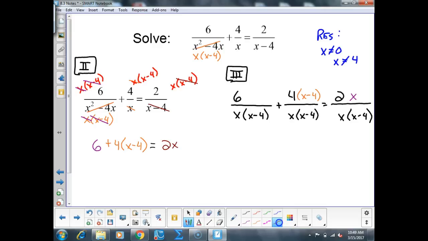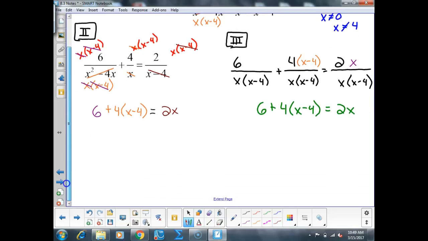Okay? If I go over there, now that I've got the common denominators and I've got them adjusted, I'm left with 6 plus 4 times x minus 4 equals 2x, which is the exact same line. Okay? So then from there, that would be 6 plus 4x minus 16 equals 2x.